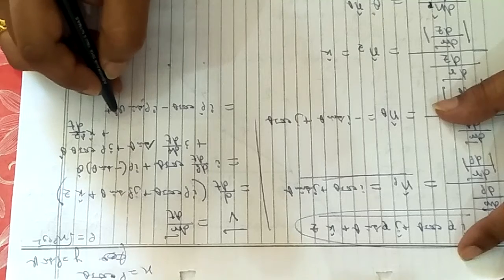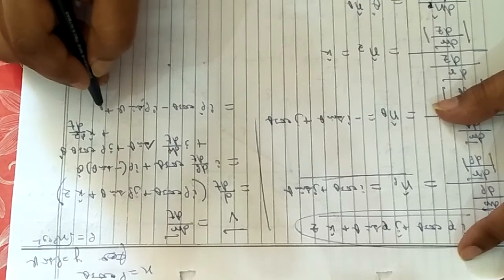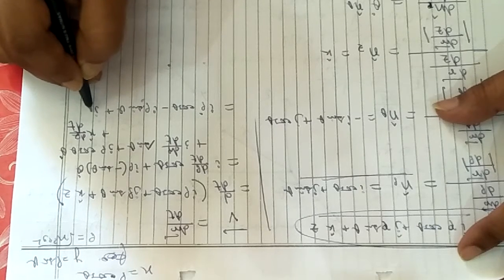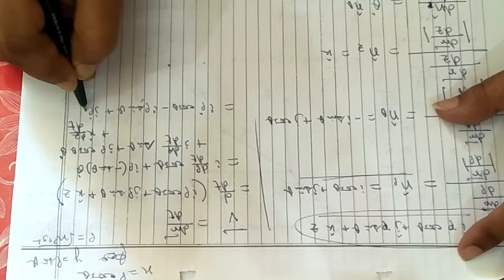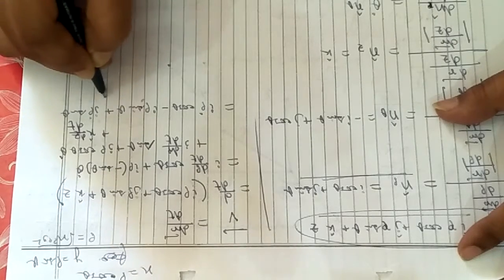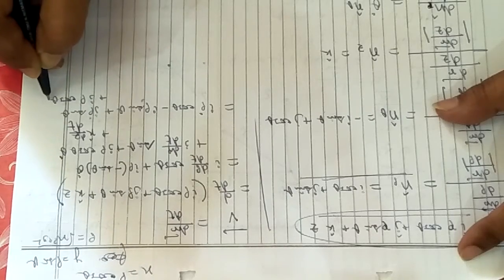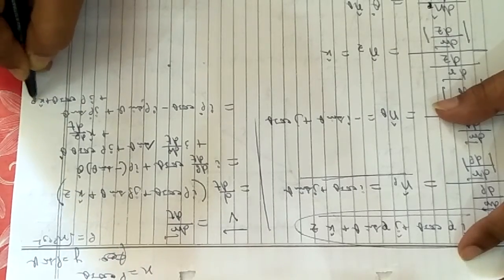Instead of theta dot, you can expand it, plus j rho dot sin theta plus j rho cos theta plus k cap into z dot.